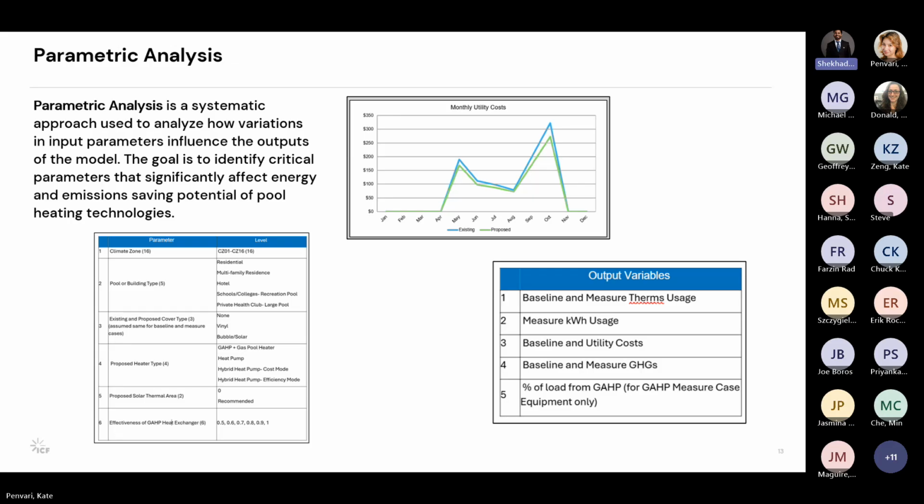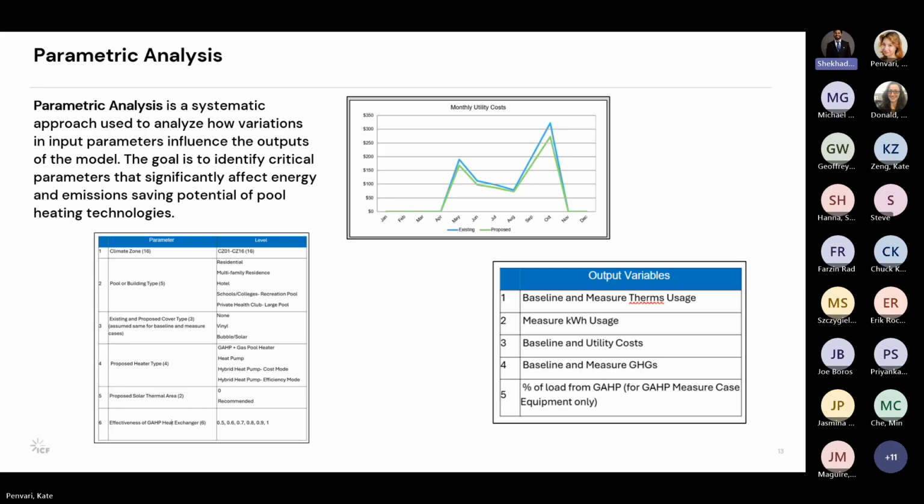The comparative analysis was primarily done considering the mentioned output variables such as baseline and measure case therms usage, kWh usage, cost, GHG emissions, and percentage load from GHAP, just to understand for how many hours the equipment is on, and if the equipment is able to meet the desired load.